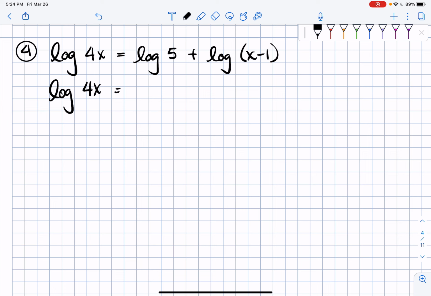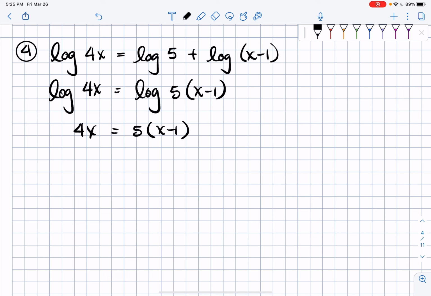Over here on the right side, I'm adding. Since I'm adding, when I condense, it's going to become multiplication. Well, since the logs are the same, what I'm taking the log of must also be the same since these two sides are the same. So therefore, I can just say 4x is equal to 5 times x minus 1.